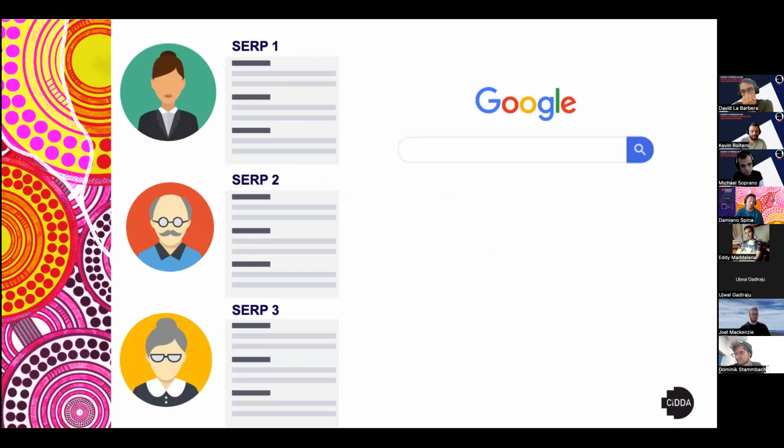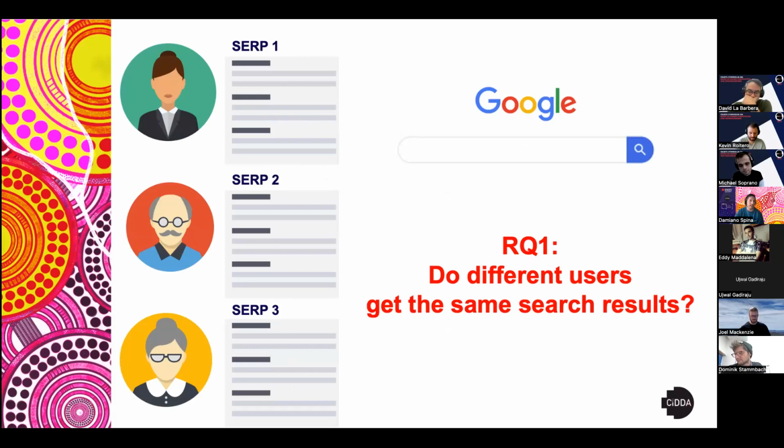We look at one research question: if we have different users, do different users get the same search results when they submit a particular query?